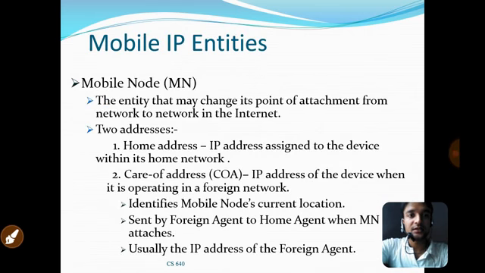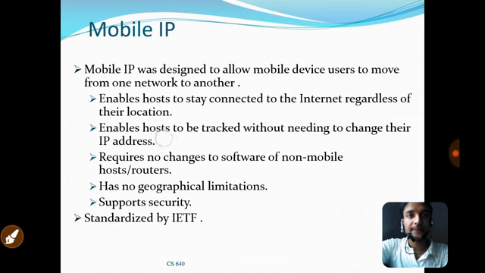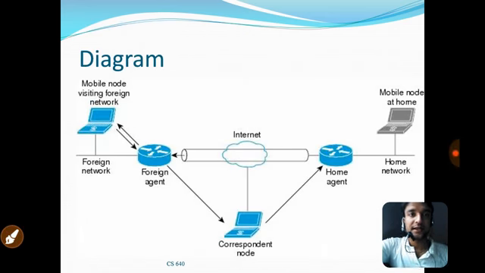So now just move to the diagram which was in the second page. Yeah, that diagram. So you must make this picture in the exam, and you write that when someone wants to have a chat with the mobile node in a foreign network, how is it possible? The foreign agent will give the COA to the home network, which means that I am at that place, your kid is at my place.